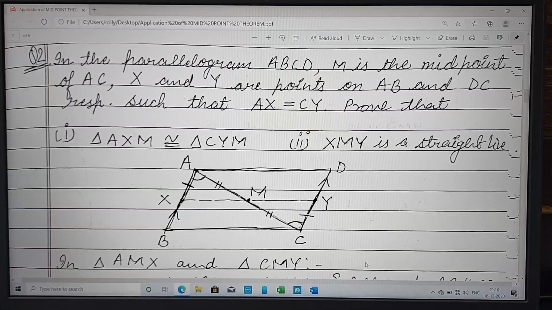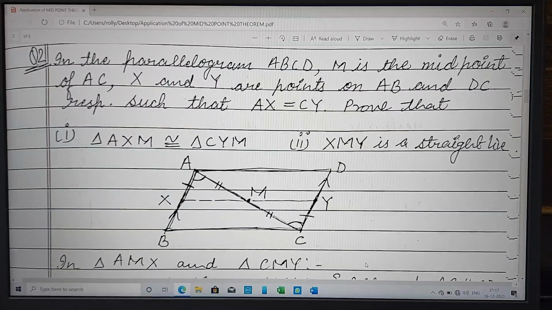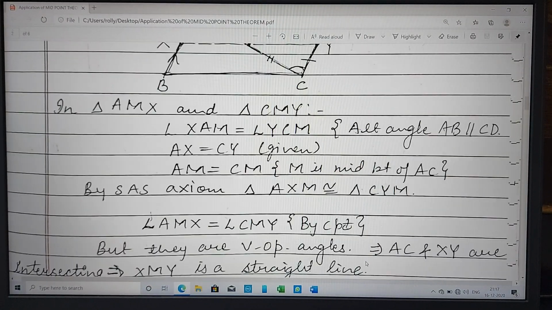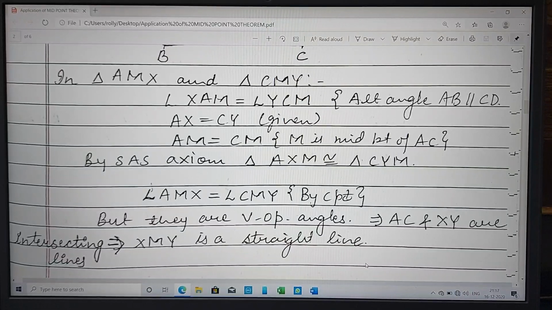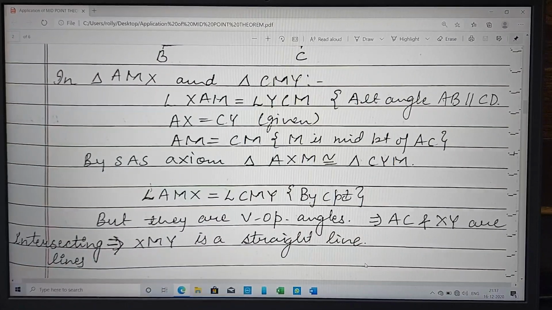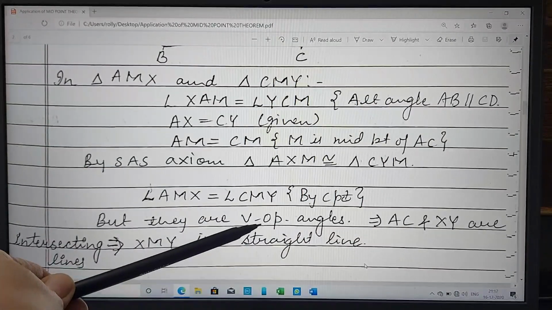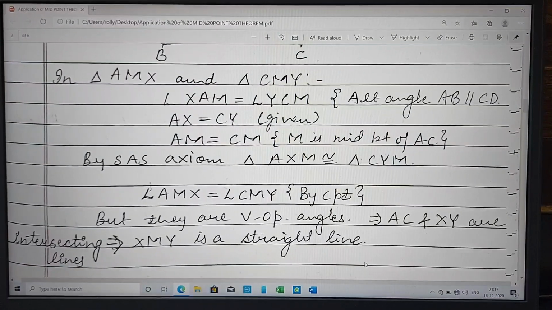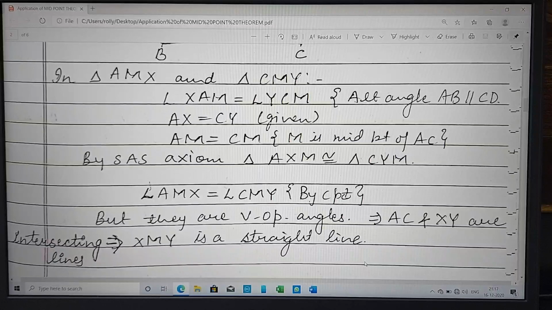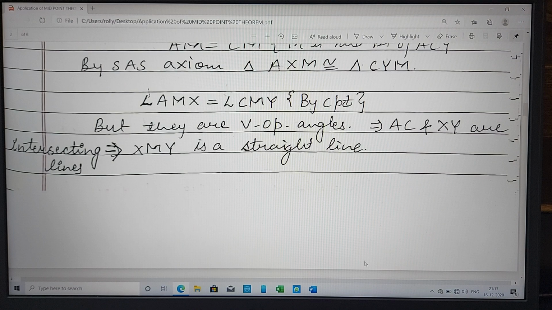It implies that line segment XMY is a straight line. Clear? So first it is shown that by the SAS axiom the triangles are congruent, and then the angles are equal by CPCT, but they are vertically opposite angles. So XMY will be a straight line because AC and XY are two intersecting lines. That is why the angles are vertically opposite.